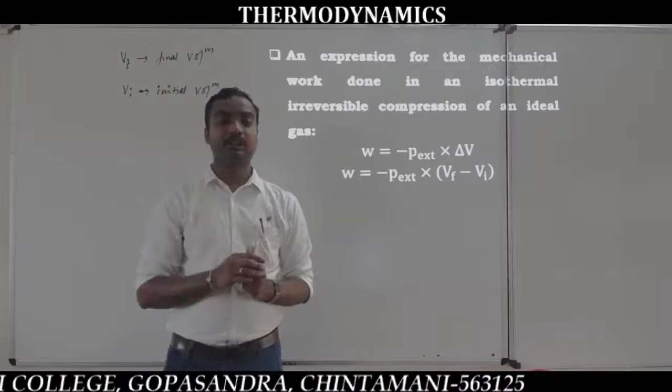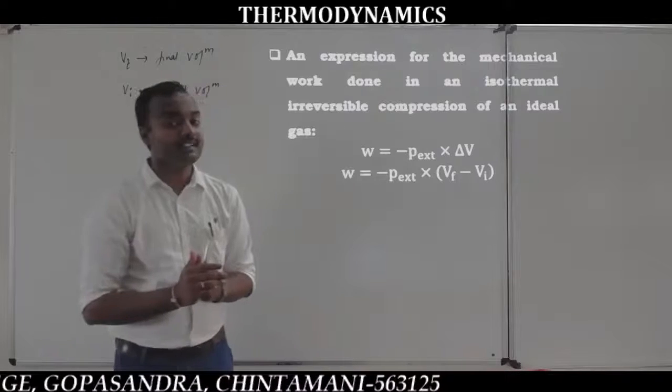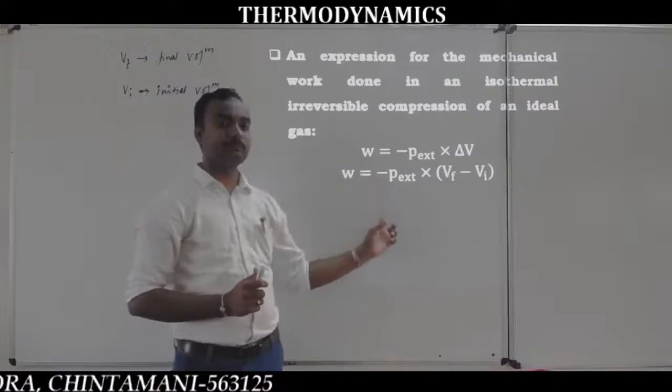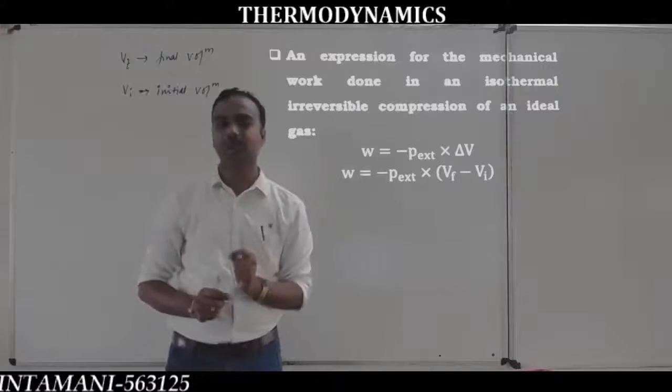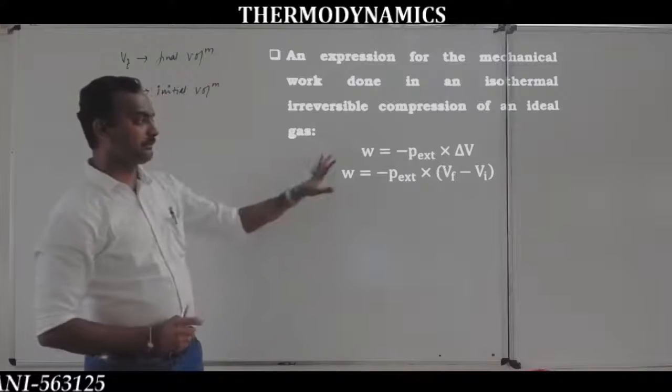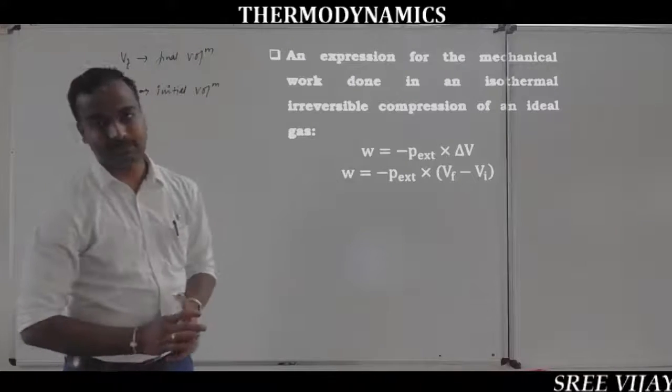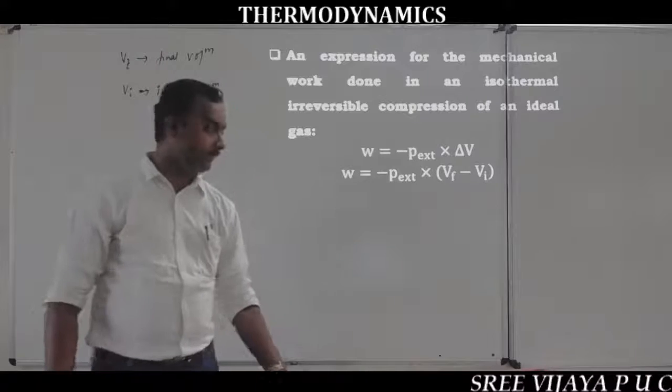For compression, work is done on the system by the surroundings, so W is taken as positive. Sign convention is very important. So while solving the problem, this is an important formula to calculate the work done in an isothermal irreversible compression of an ideal gas.